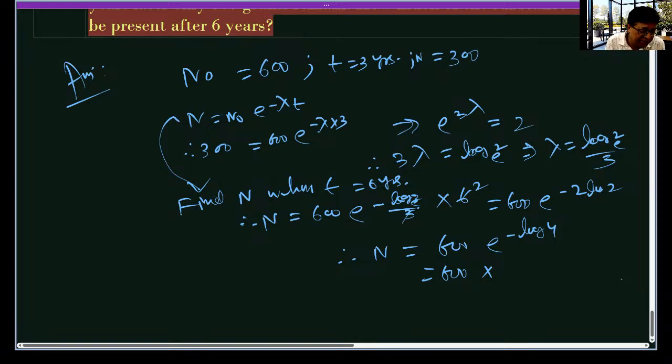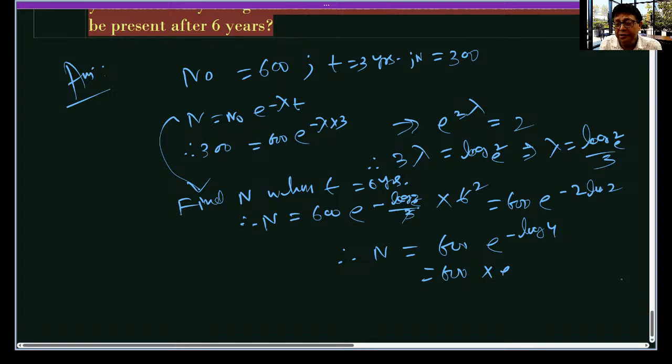Just let me check the value here again. You have about 300 got here. This is 600 e to the power minus log 4.